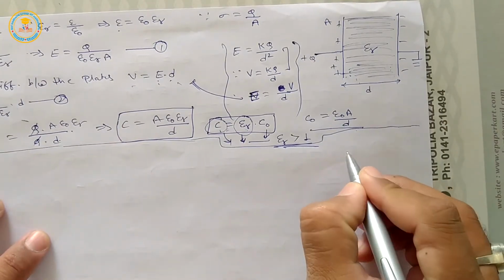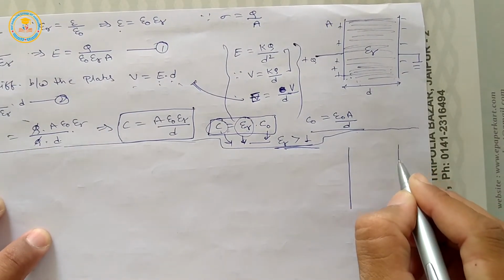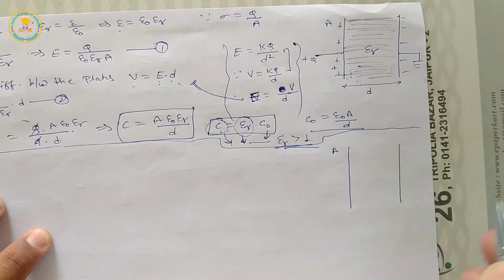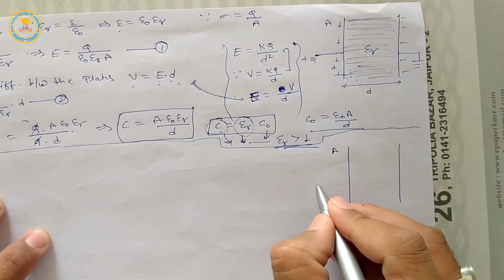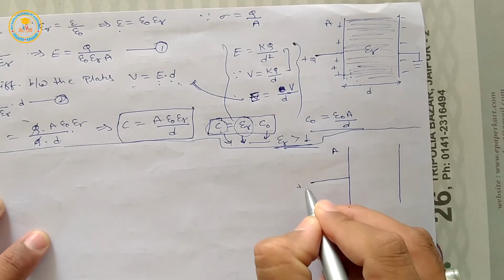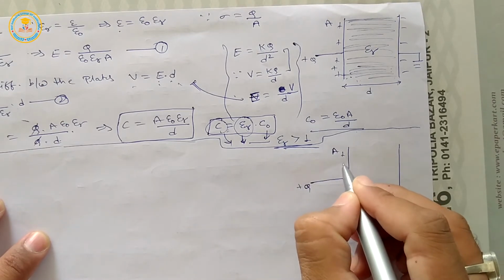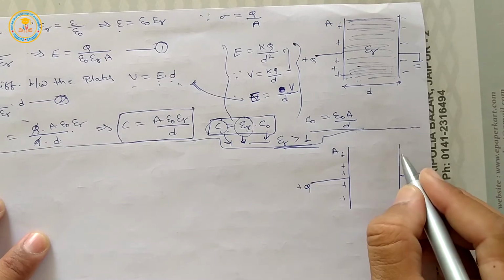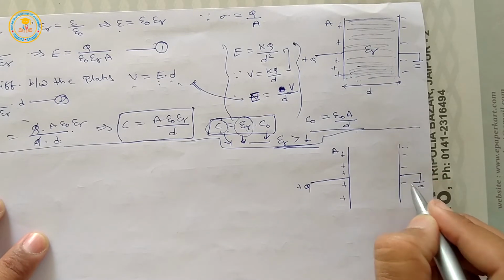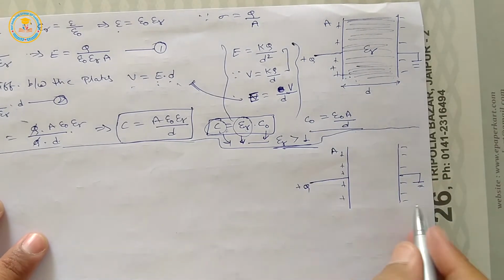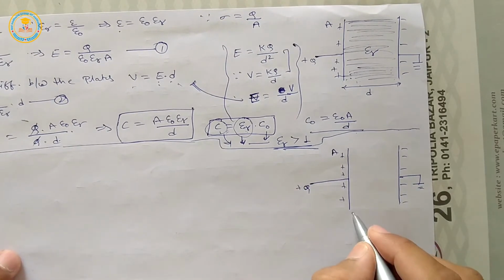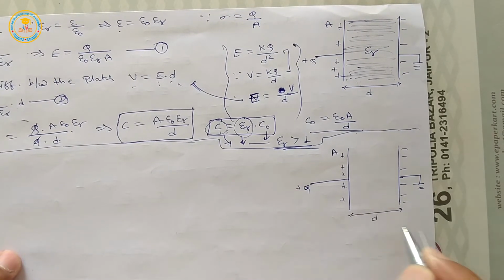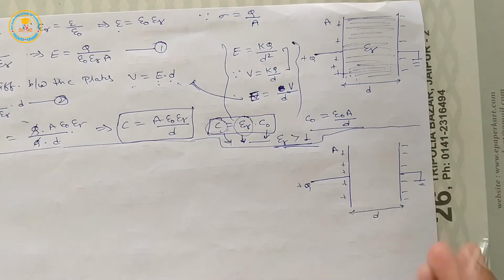In this derivation, we take a capacitor with plates of area A, and this plate is attached to plus Q charge, and this plate is grounded. Then due to induction, negative charge will be induced, and the distance between these plates is d.